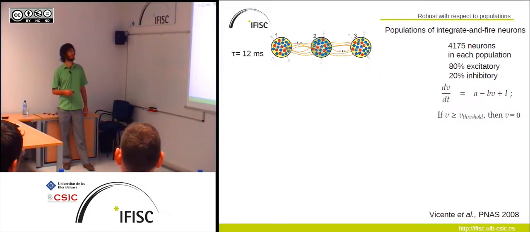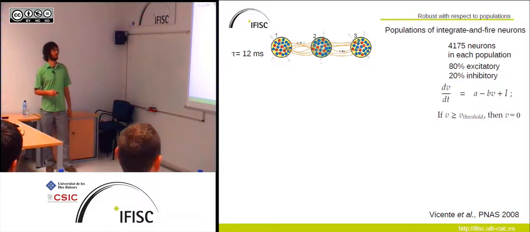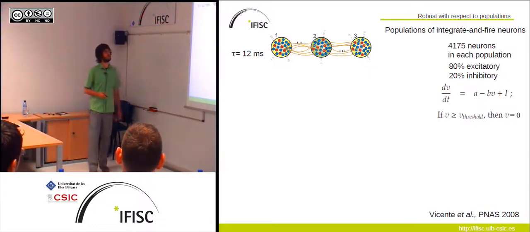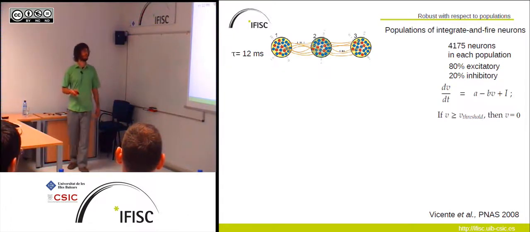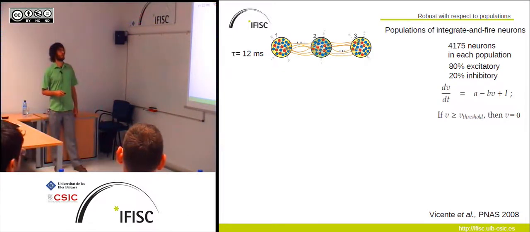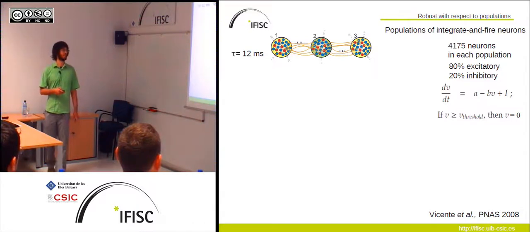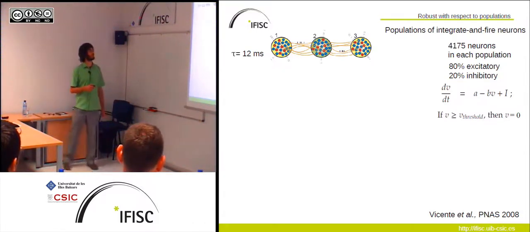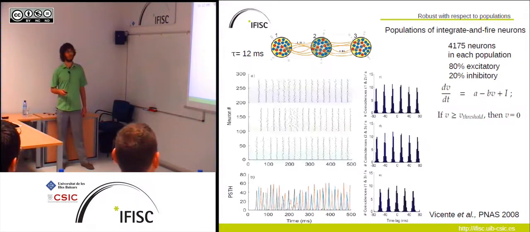Each neuron is described by just a very simple differential equation, and there is a reset when the neuron reaches a threshold, and it stays at a certain reset value for a refractory period. This very simple dynamics of each node allows us to study large networks.